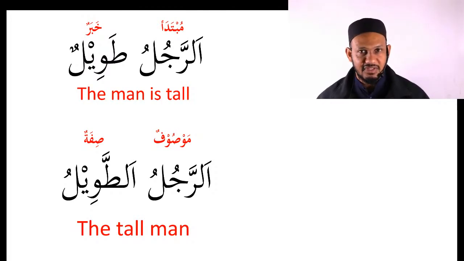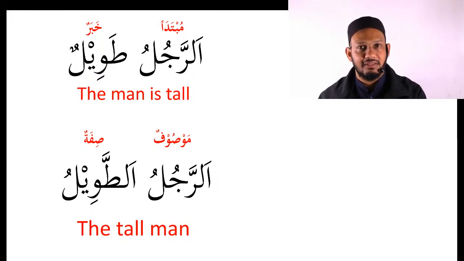Okay, that's the first difference in the way it looks. In the first one, it will always be raf'un, because the mubtada is always raf'un and the khabar is always raf'un. But in the second one, it could both be raf'un, or both be nasbun, or both be jarrun.